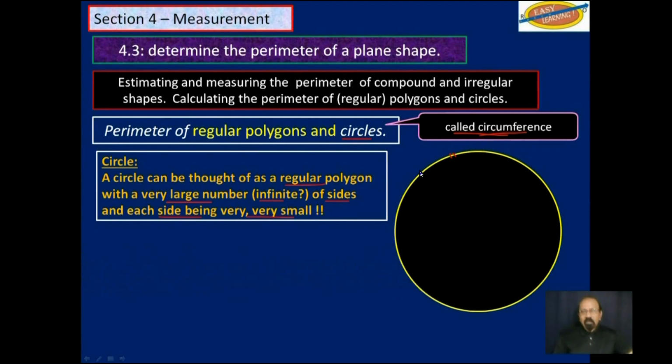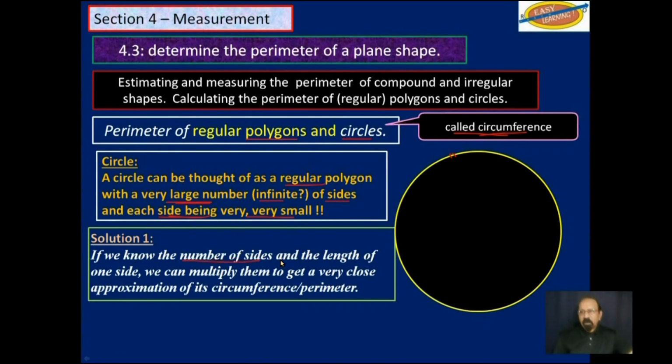So we can think of this circle as a regular polygon with a large number of sides, and each side is essentially straight. Now, if we know the number of sides and the length of one of those sides, we can multiply them as we were doing with the other polygons, and we will get a very close approximation of its circumference.